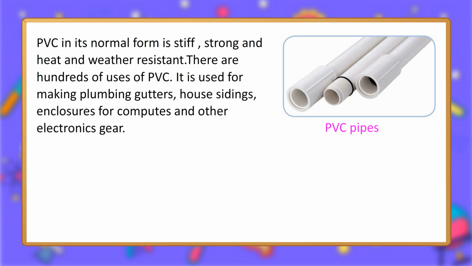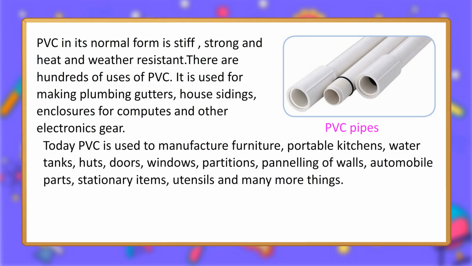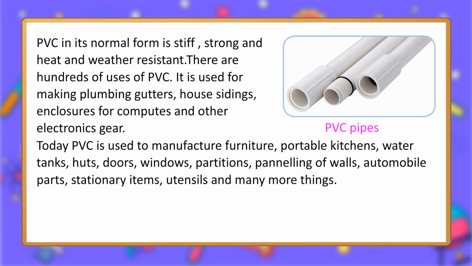It is used for making plumbing gutters, house sidings, enclosures for computers and other electronics gear. Today PVC is used to manufacture furniture, portable kitchens, water tanks, huts, doors, windows, partitions, paneling of walls, automobile parts, stationery items, utensils and many more things.